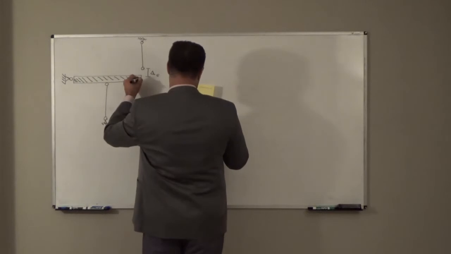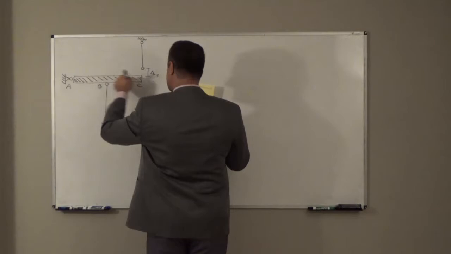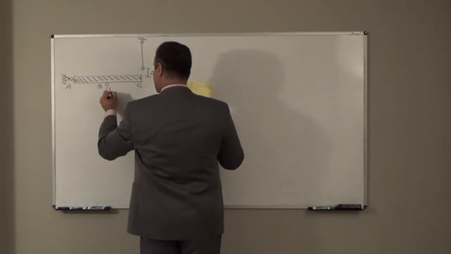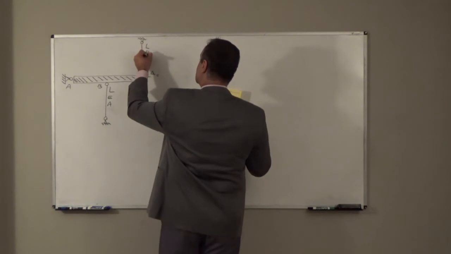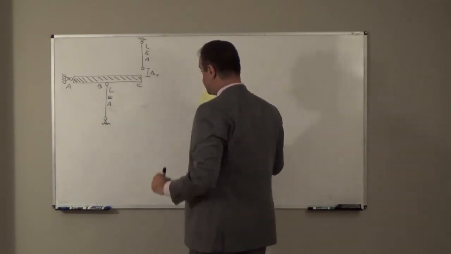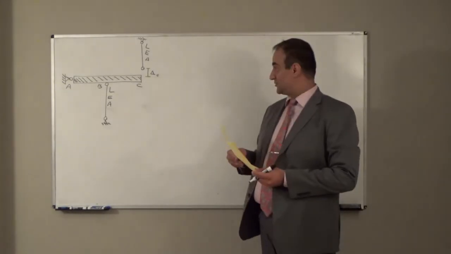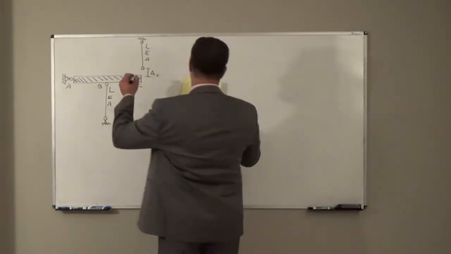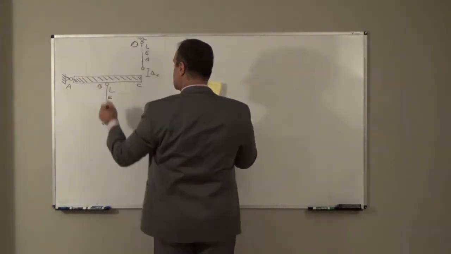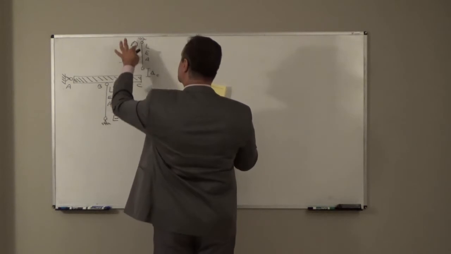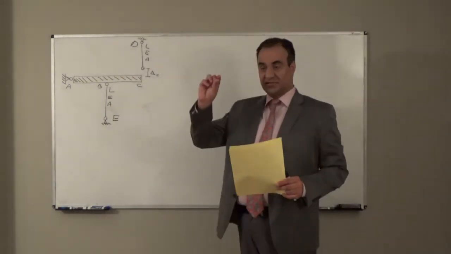We have one rigid beam. This is A, B, C. This beam is rigid. L, E, A. And this is L, E, A. Due to a manufacturing error, this member, for example, A, B, C, D, E, this member DC, is shorter than L, a little bit.